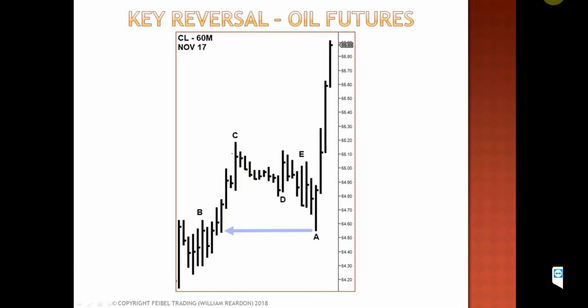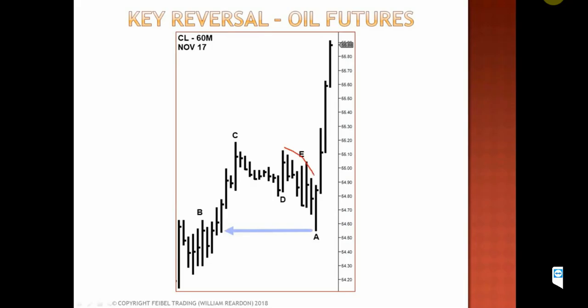Then D. What happens? Buying emerges at D. No downside follow-through from this bar, which breaks this level of support. Then D reverses that action to break over here and close firm. So demand has clearly entered at D.